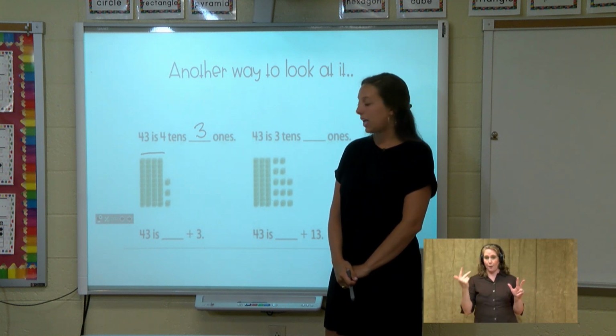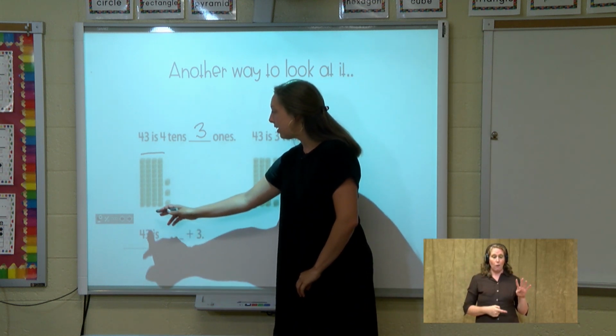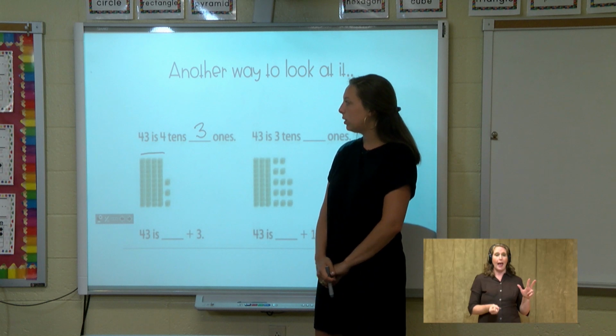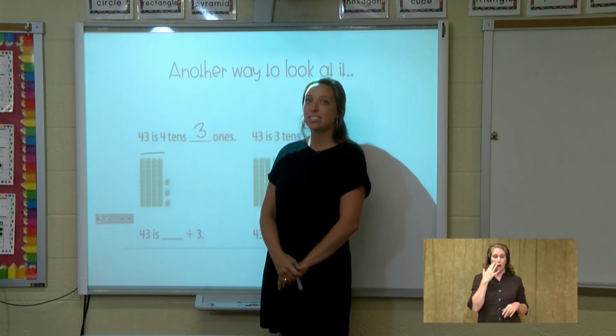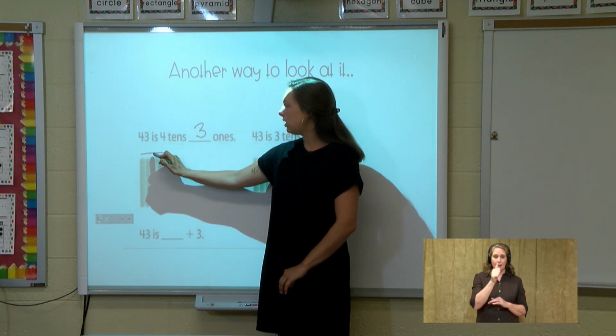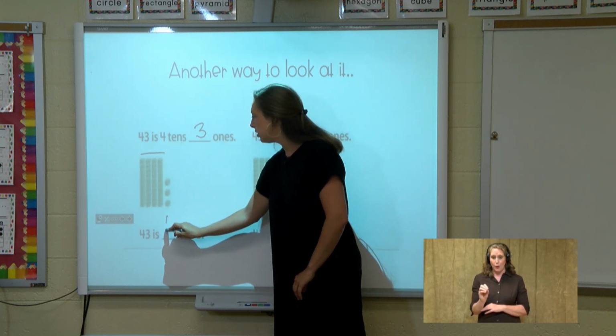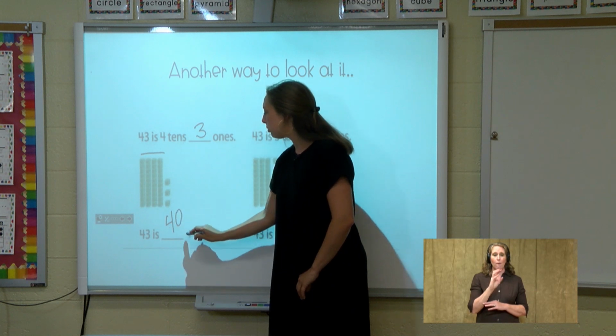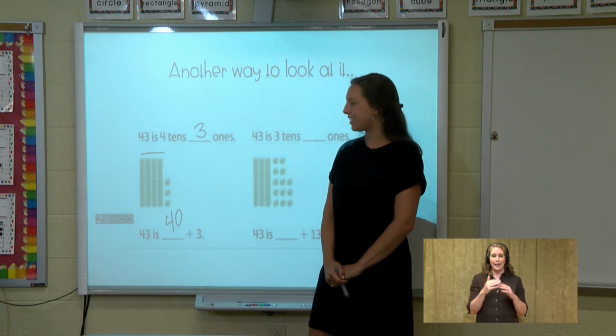So it's also saying that 43 is how many plus 3? Well, we know 4 tens is the same thing as 40. 10, 20, 30, 40. So 40 plus 3 is 43.